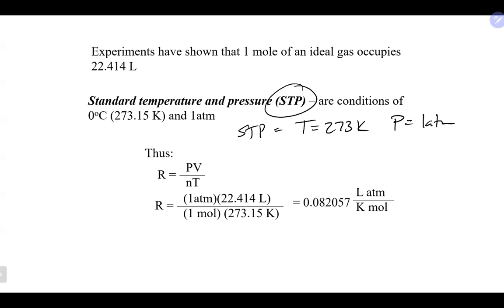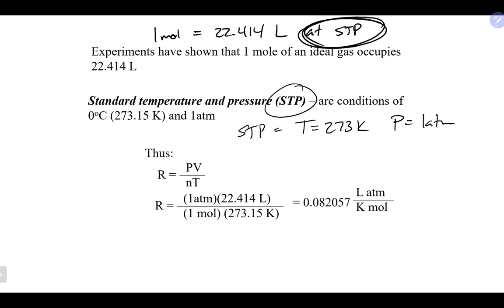Now, there's a really nice relationship that you could use when a gas is at STP, and it has to be at STP. 1 mole of any gas equals 22.414 liters at STP. Once again, that is the really important part: it does need to be at STP in order to use this conversion factor.